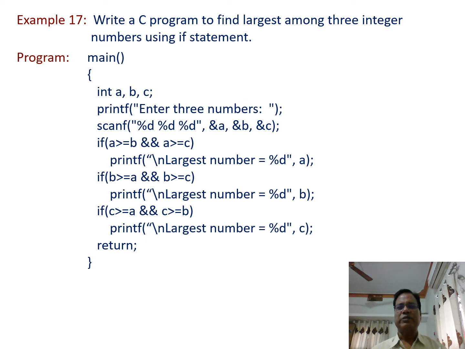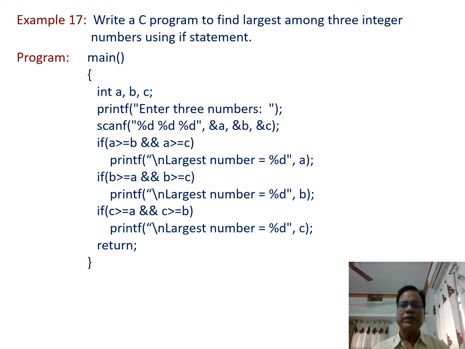The %d format is specified for integer data. So when %d is there, the compiler takes the input data and stores it in variable a. In a similar way, the other two numbers are taken in and stored in the variables b and c.